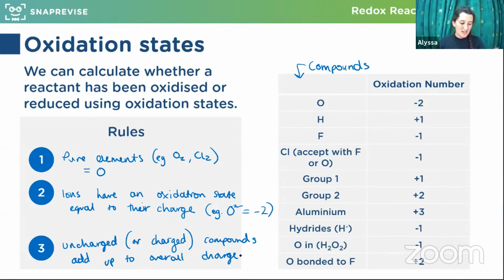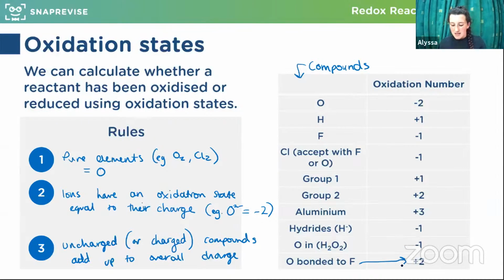So as I think it was Zara said, oxygen is nearly always -2. So that's one of the first things that we can fill in, is oxygen is nearly always -2, apart from in peroxide, H2O2, in which case it's -1. Basically everywhere else that you're going to see it, oxygen will be -2.